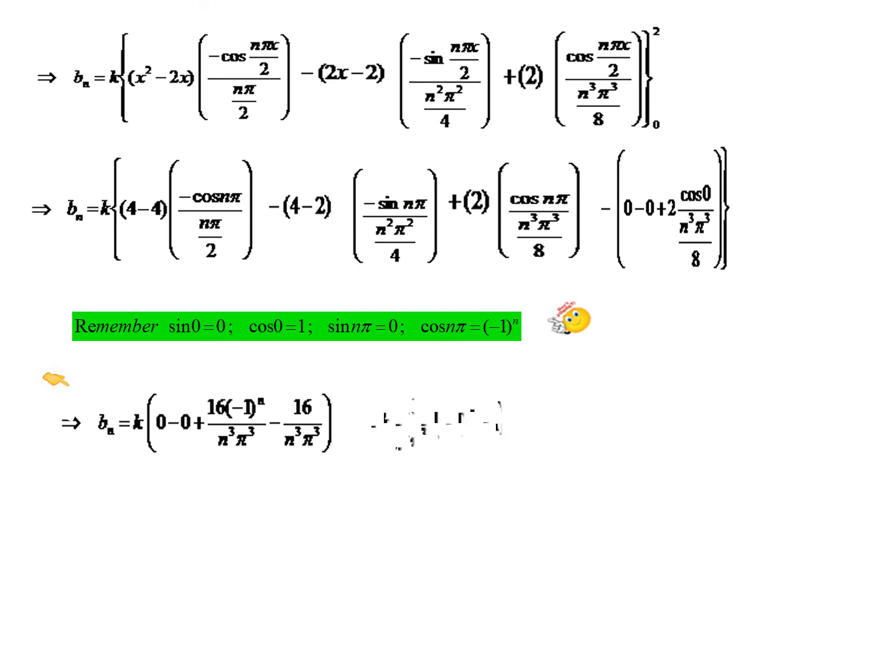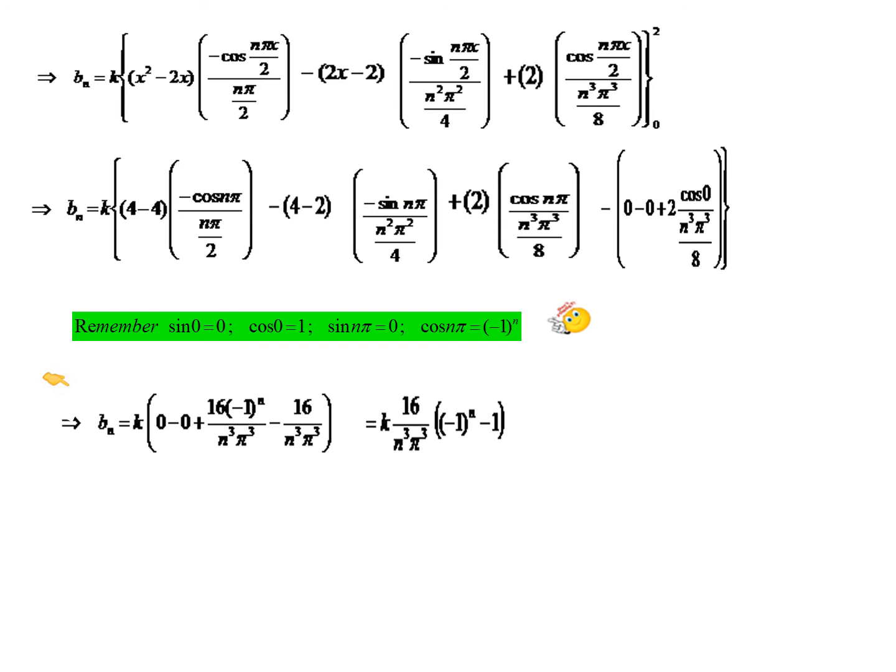We just need to simplify it more. So we have taken 16 by n cube pi cube, which is a common term, out. So we have minus 1 power n minus 1. And remember, whenever we have this minus 1 power n and 1 together, we have already observed it will become 0 either for odd integers or for even integers.